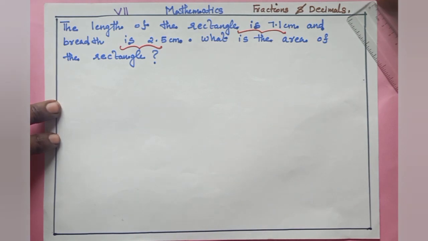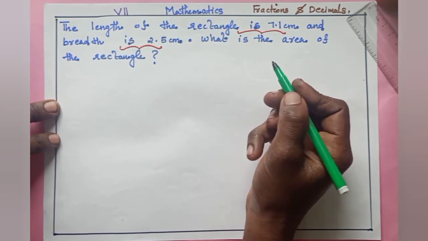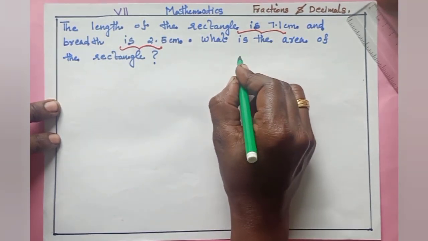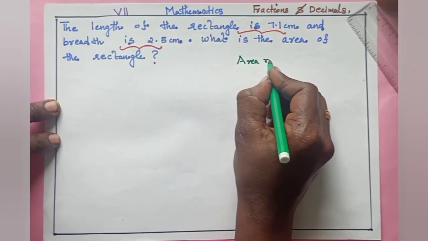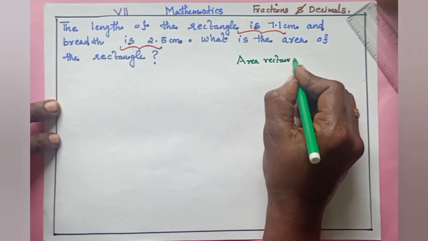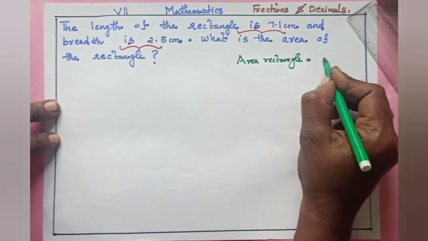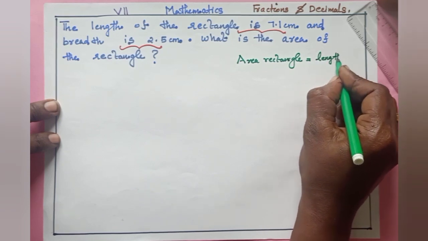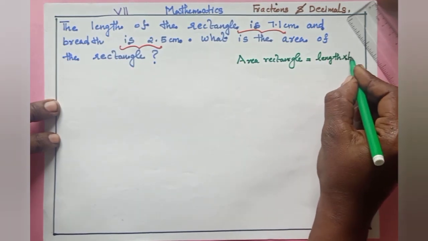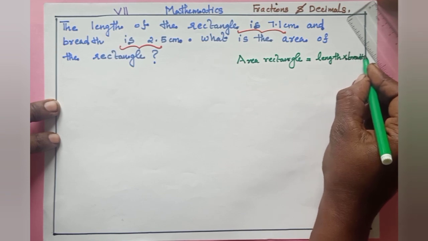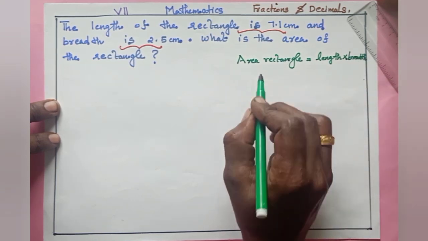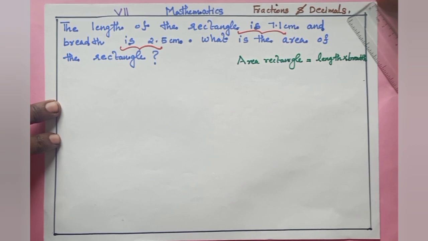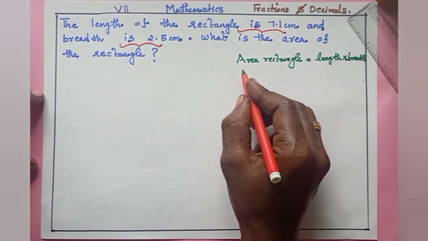You studied in the earlier class: area of the rectangle equals length into breadth.